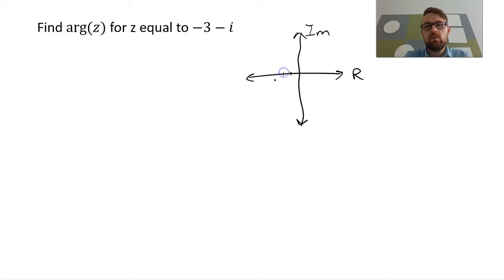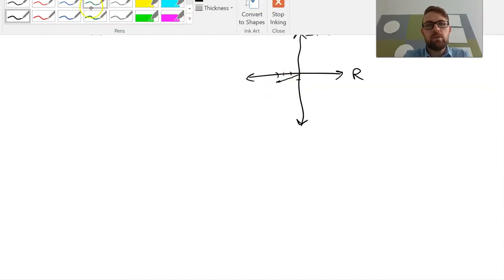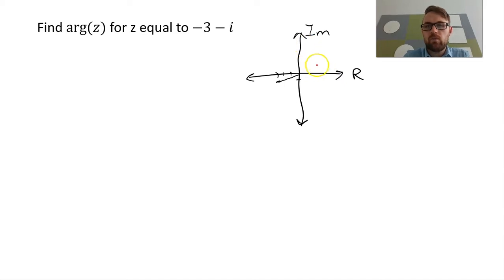So if I went to -1, that point there is going to be my angle. When we're talking about the arg z, we're talking about the angle from the real all the way around to our vector. So that's our theta.